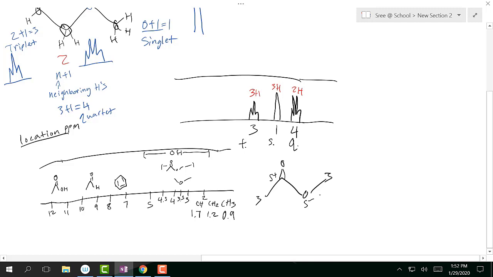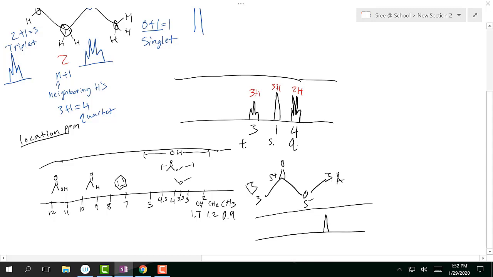Sorry, de-shielding effect. So it's going to be more downfield. So if we were to look at a graph, and they're both singlets, so we're going to draw one peak. We'll just call this A, and we'll call this B. A will be right here, and B will be right here.